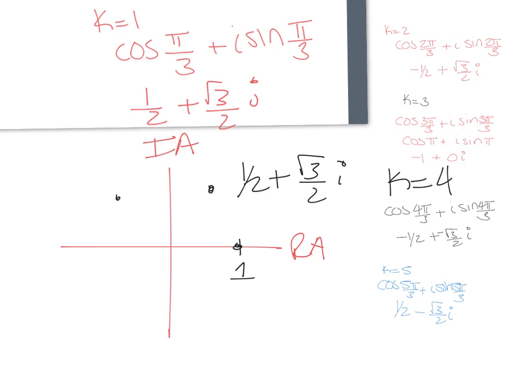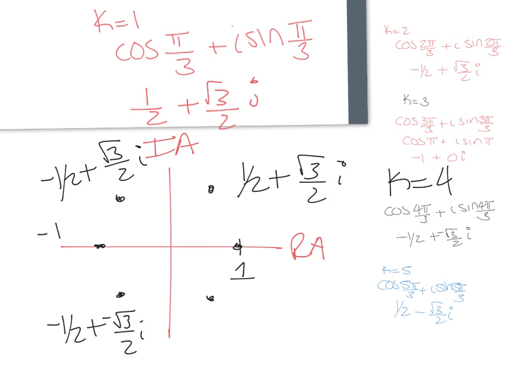And then about right here, I'm trying to make them equidistant, negative half plus radical 3 over 2i. Then about right here, we had negative 1. Here, negative a half, and this was negative radical 3 over 2i.